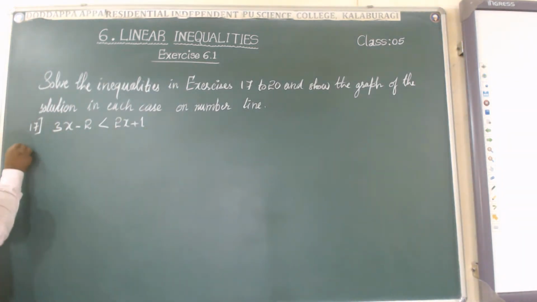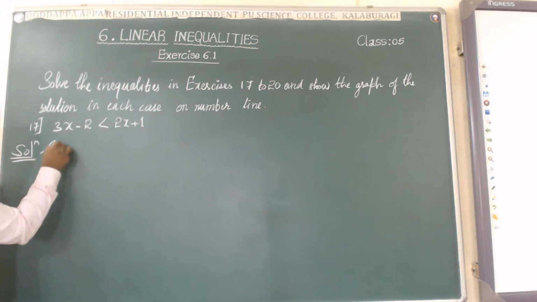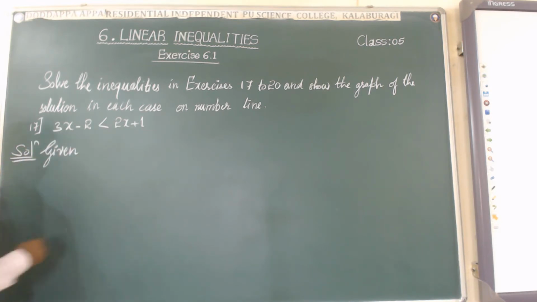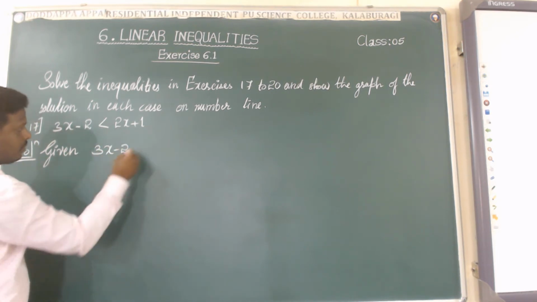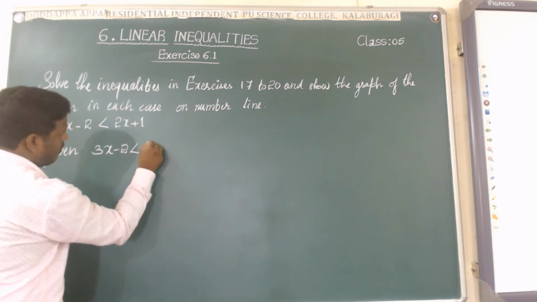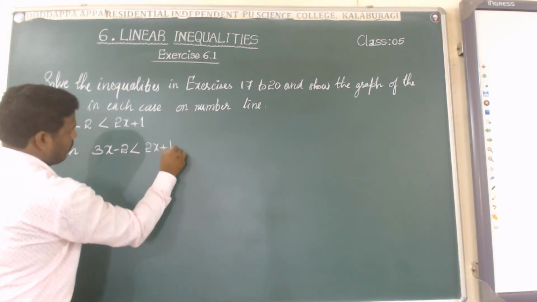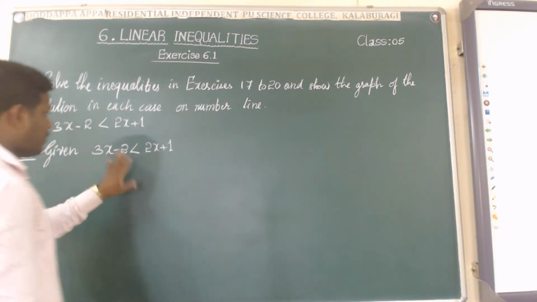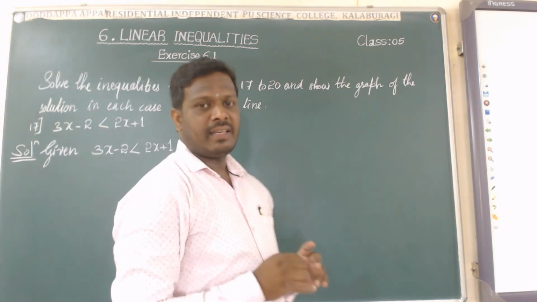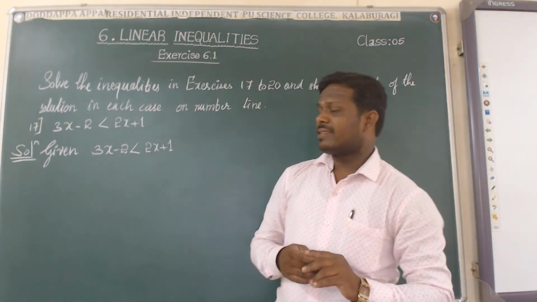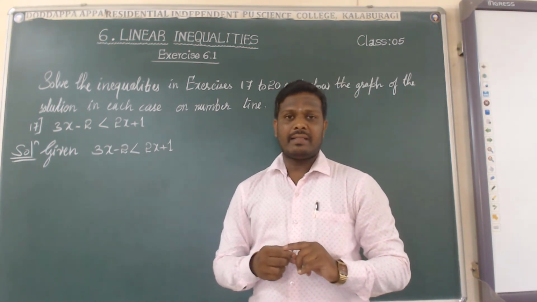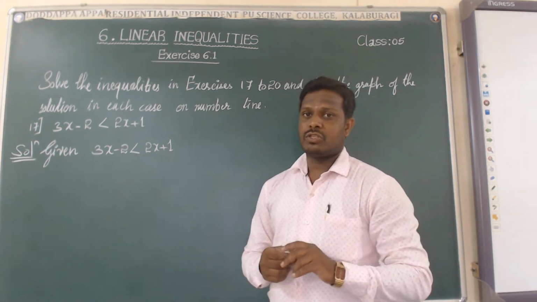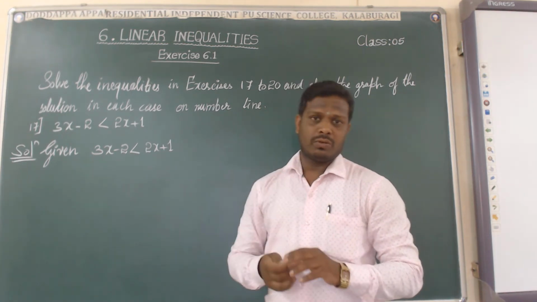The solution of this one: I will write first of all, given 3x minus 2 less than 2x plus 1. Simplify this given inequality until the coefficient of x on the LHS side is positive 1, using those two rules.